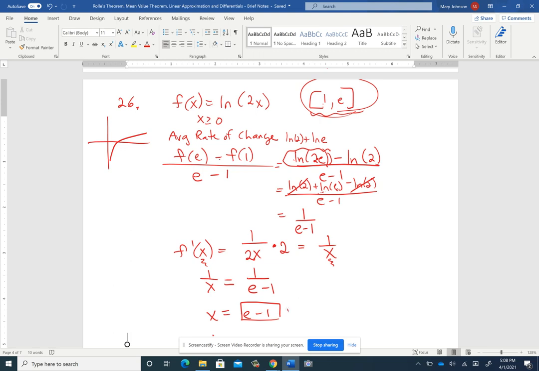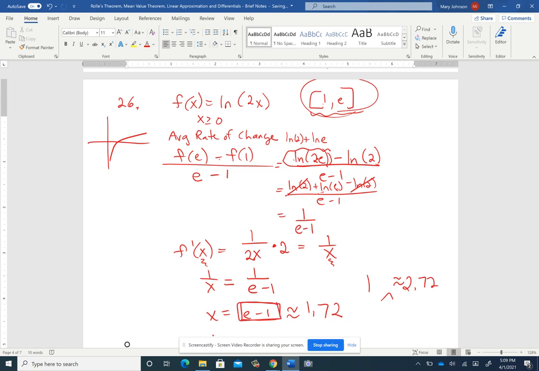And that turns out to be about 1.72. And so that falls right there, because e is about 2.72. So 1.72 would be in between these two. Okay. So there it is.